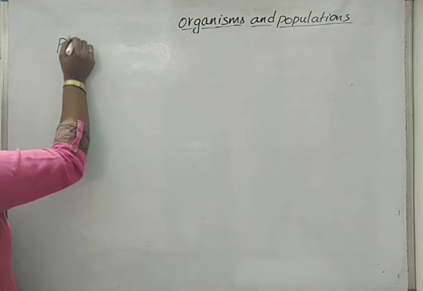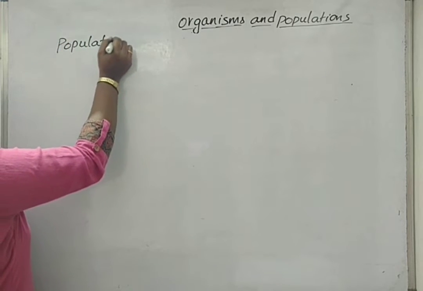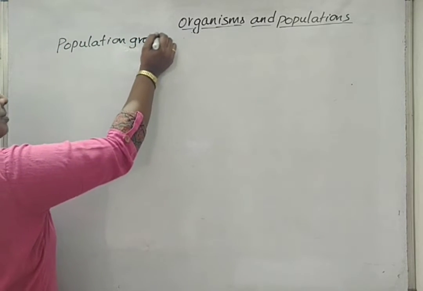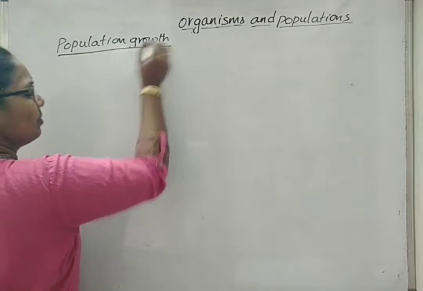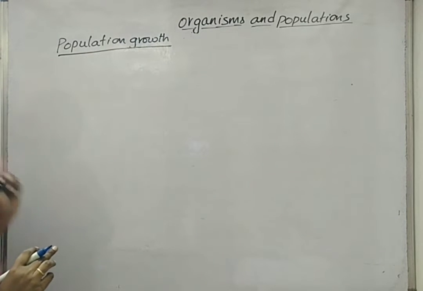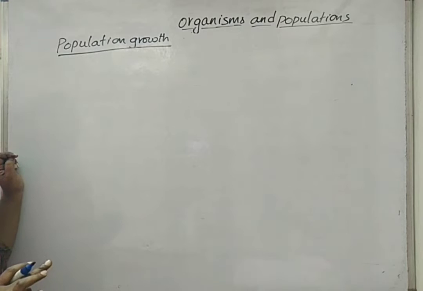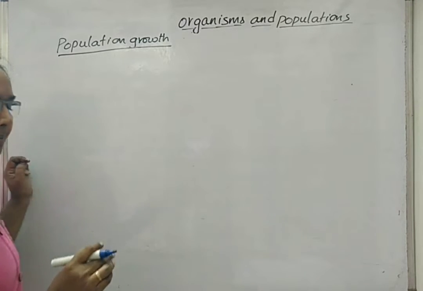Next, about population growth. Population growth can be explained as the increased number of individuals in a population or a dispersed group.